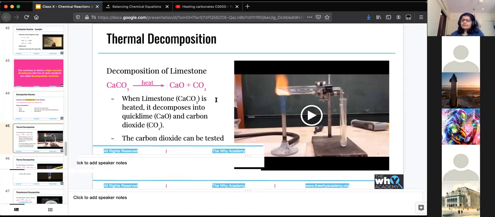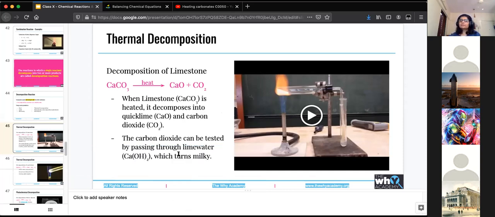Note down the equation for sure, and then you can note down the test for CO2. Mansi is asking, do you have to note this? Yes. But what is the reaction that is taking place which is causing lime water to turn milky?